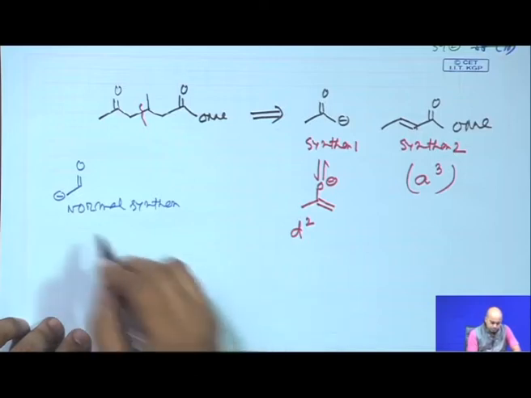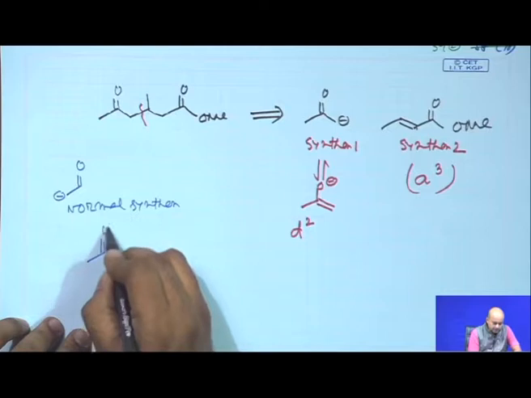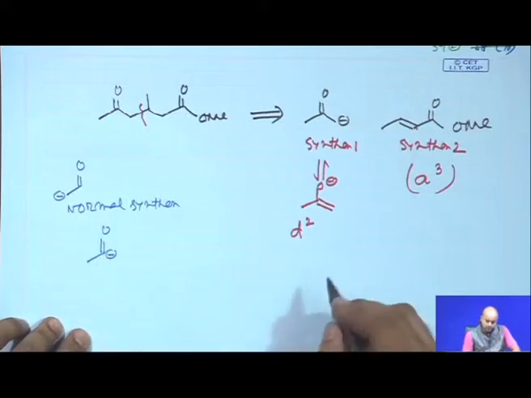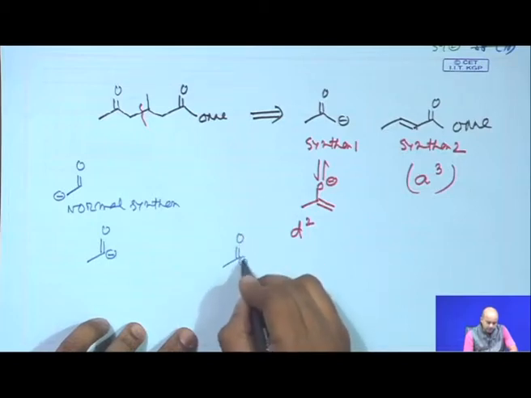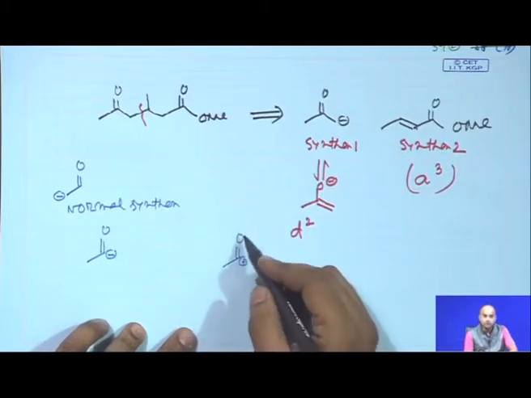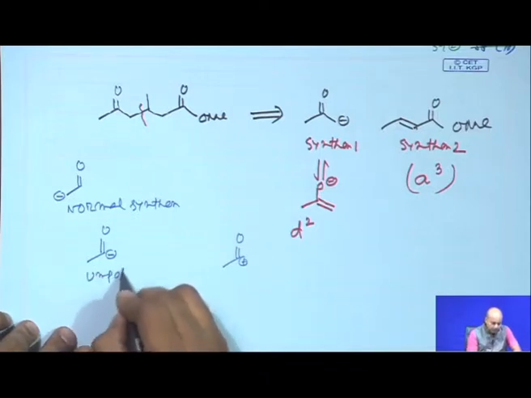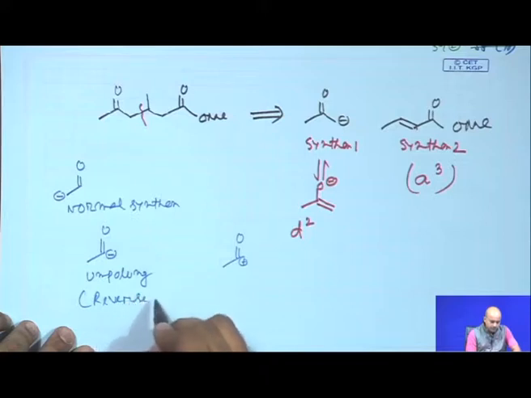Now, if you have a synthon like this, where the negative charge resides on carbon, normally carbon does not prefer this kind of charge. It always prefers the charge on oxygen, because oxygen is more electronegative. This kind of synthon, as probably all of you know, is referred to as an umpolung synthon, or reverse polarity, where the polarity has been reversed.